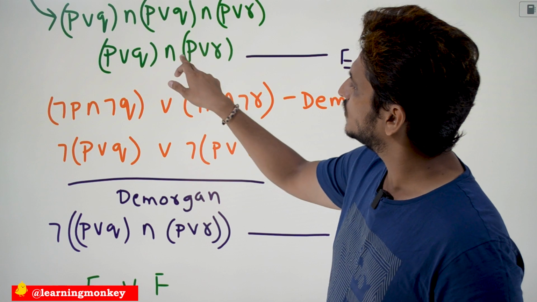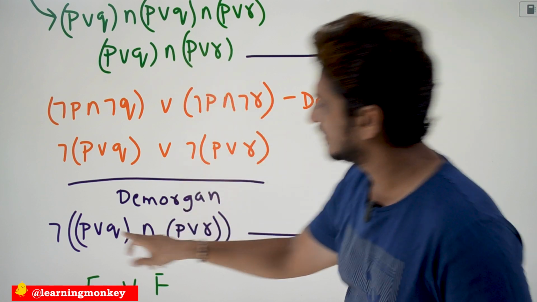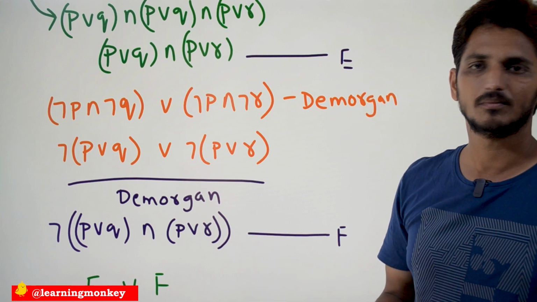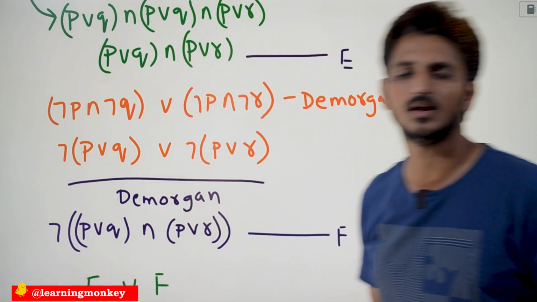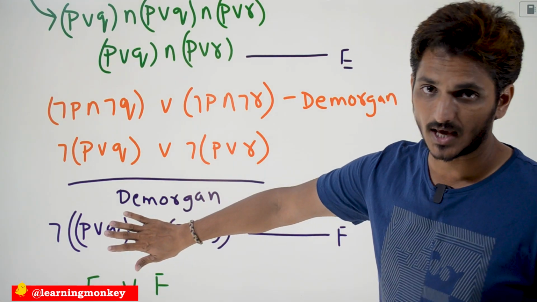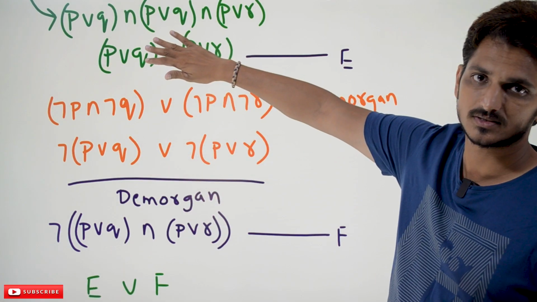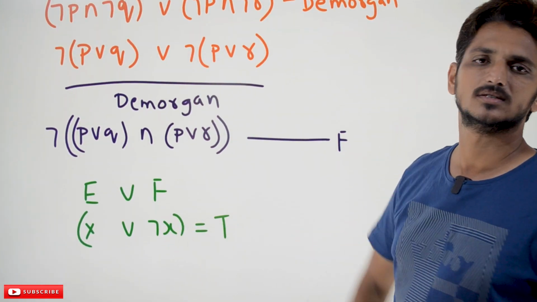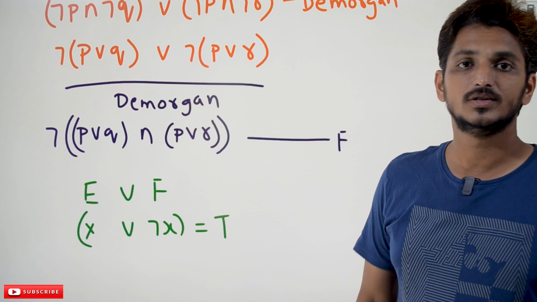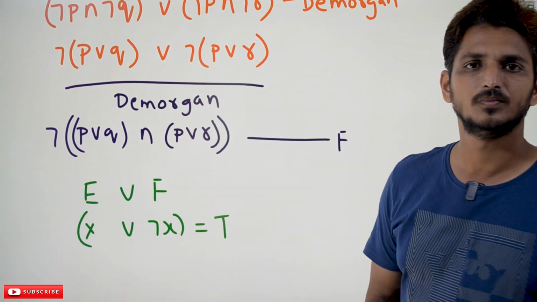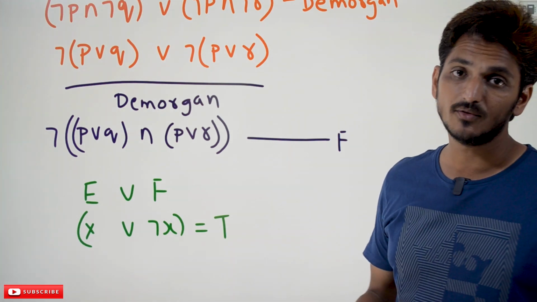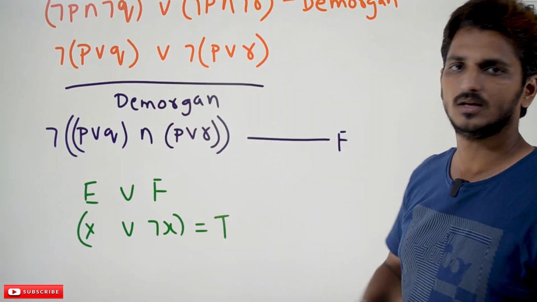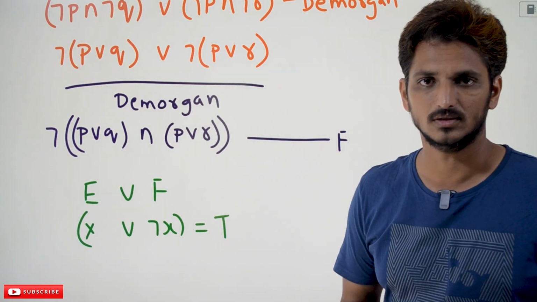P disjunction Q conjunction, P disjunction R. P disjunction Q conjunction, P disjunction R. Same, but here we are having negation. You consider this equation as X, this equation as X. X conjunction negation X, which is always true. So finally we showed that the entire equation is reduced to T. We say it as tautology.